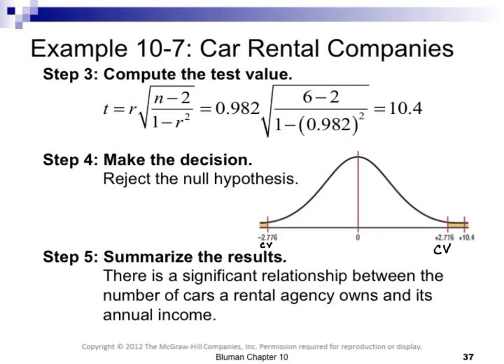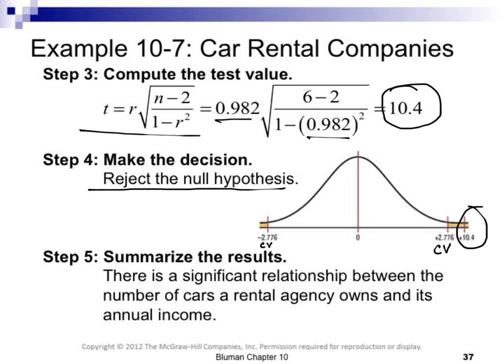Now we're going to calculate our t. We have to calculate this t based on the formula that was given to us earlier. N was 6 minus 2, that's our degrees of freedom. Our R was 0.982, so that's here, and then it's again here with the R squared, and we find that our t that we're going to use for our test score is 10.4. Well, that's way up here. It's way beyond 2.776. So it's obviously in the critical region, so we will reject the null hypothesis.